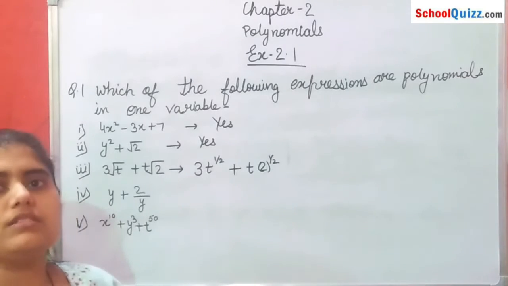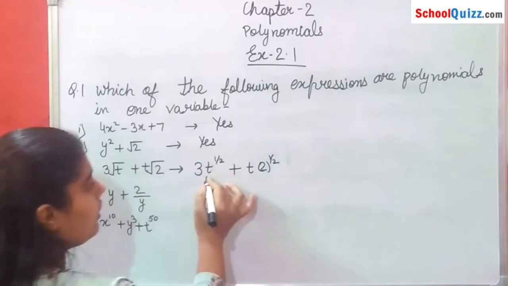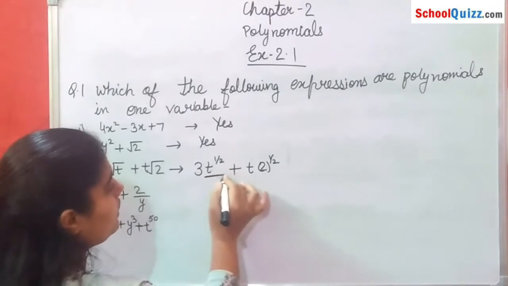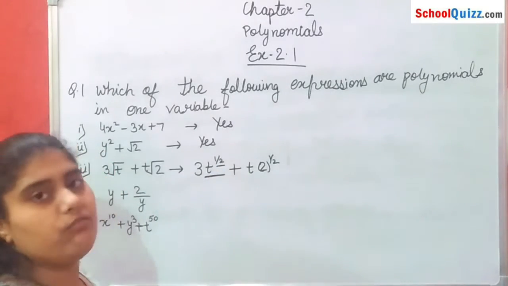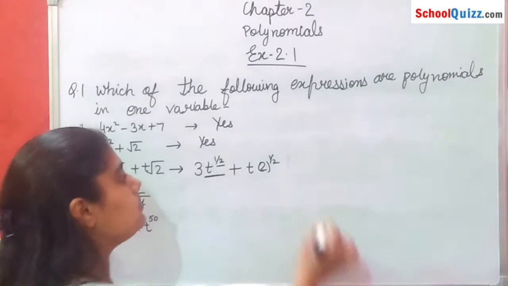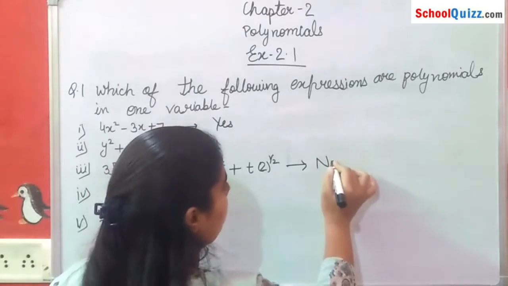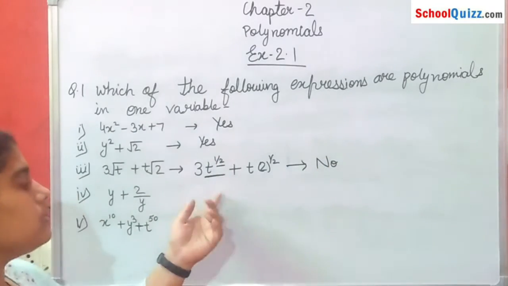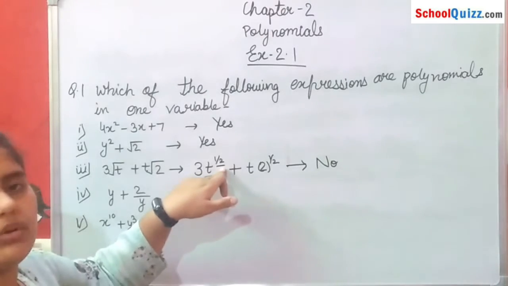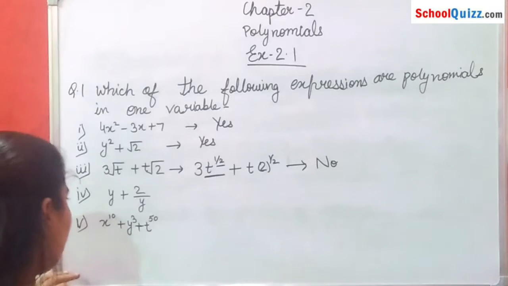But there is a difference in this expression. The power of t is 1 by 2, and 1 by 2 is not a whole number. So this is not a polynomial in one variable. Why? Because here t contains power 1 by 2, and 1 by 2 is not a whole number.